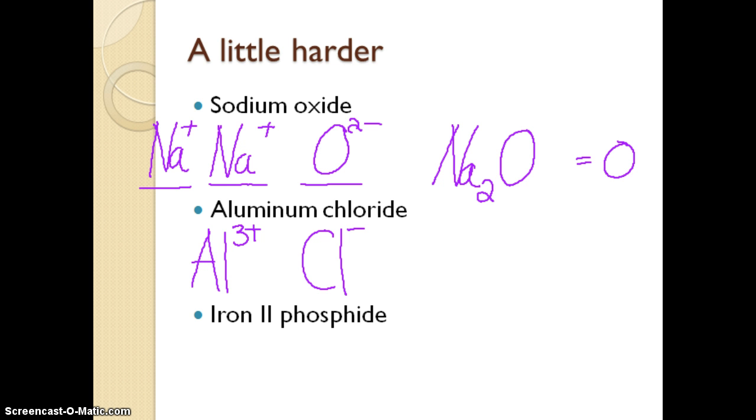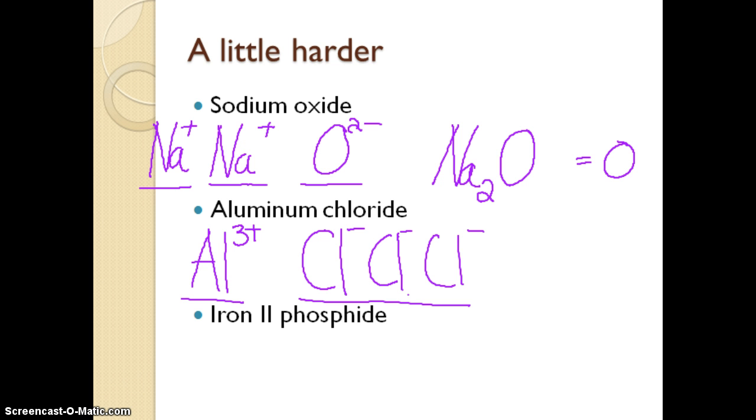Well, I think if you think about this a while, what if I take 3 chlorides? So if I have 3 chlorides and 1 aluminum, I have a total positive charge of +3 and a total negative charge of -3. That would give me a neutral compound.